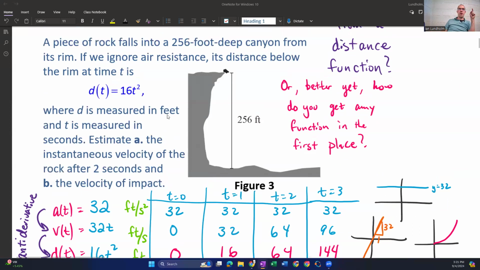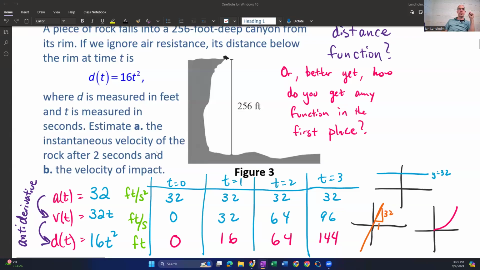I want to go and actually try to answer these questions, though, especially part A. The part B would be a very similar idea. If we want to estimate the instantaneous velocity of the rock after 2 seconds, what we're trying to do is estimate this. Right now, we did this extra work and I kind of pulled these out of thin air a little bit.